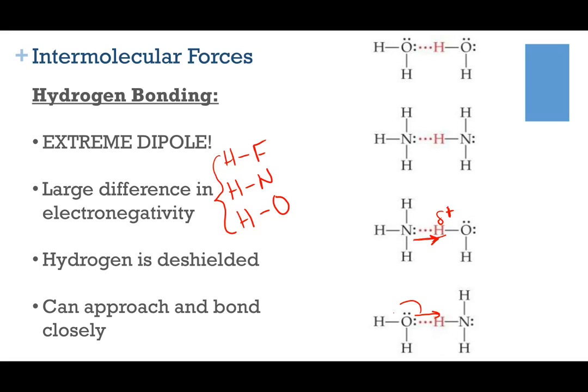As opposed to if this were a big fat molecule, we'd have to have a little bit more distance in there. Okay. So hydrogen bonding is an extreme case of dipole-dipole because of these reasons here.